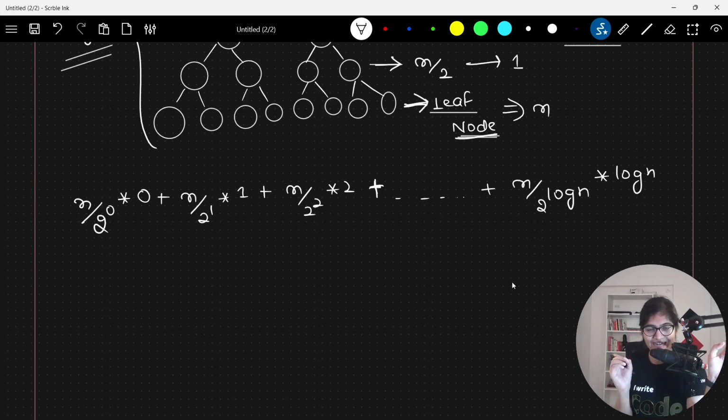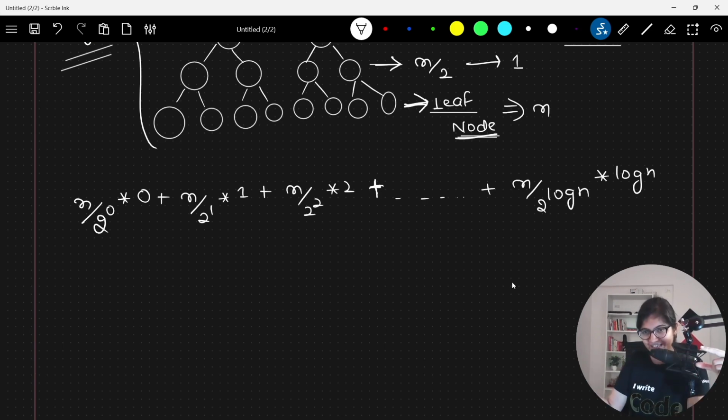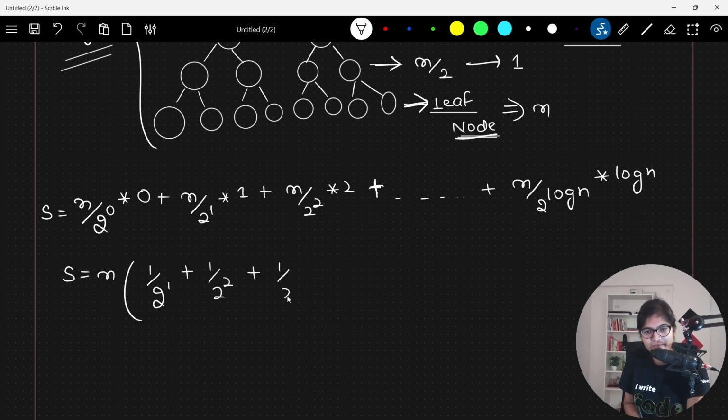Now we can do one simple thing. We can take n as common, because in the complete series, n is common. So the number of swaps, capital S, can be equal to n into, it will be 0 only, so I can start with 1 by 2 to the power 1 plus 1 by 2 to the power 2 plus 1 by 2 to the power 3 and so on.